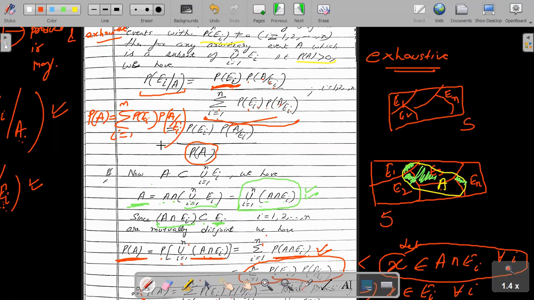So only this proof, up to here, is known as the total probability theorem.